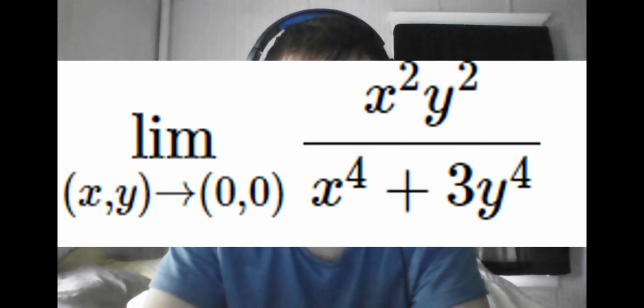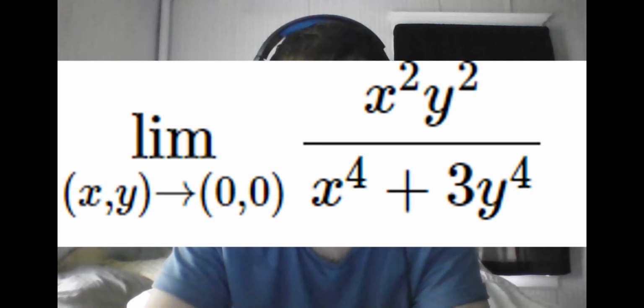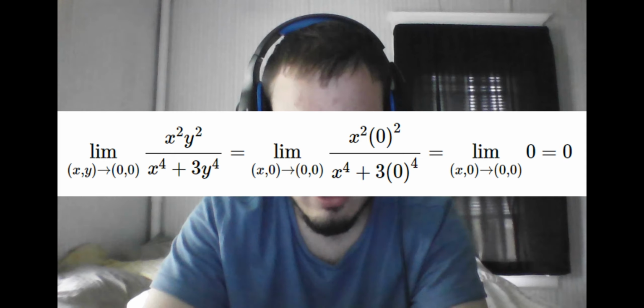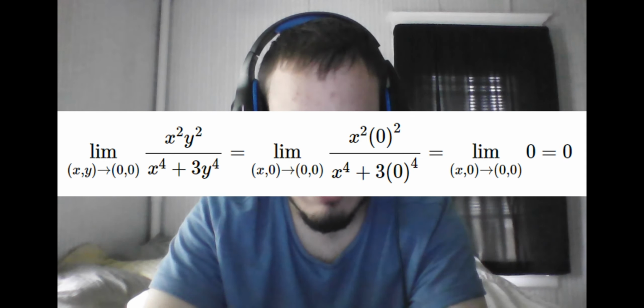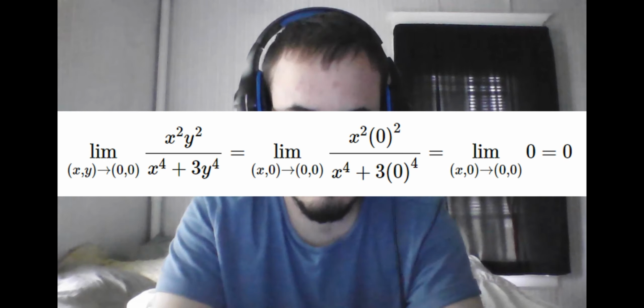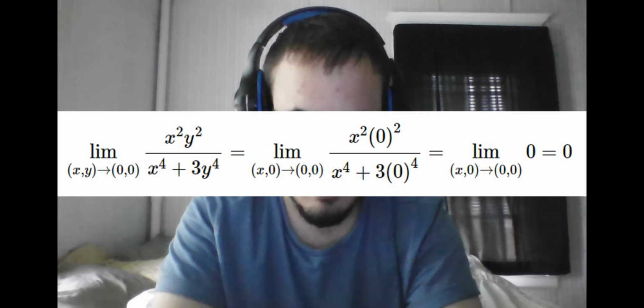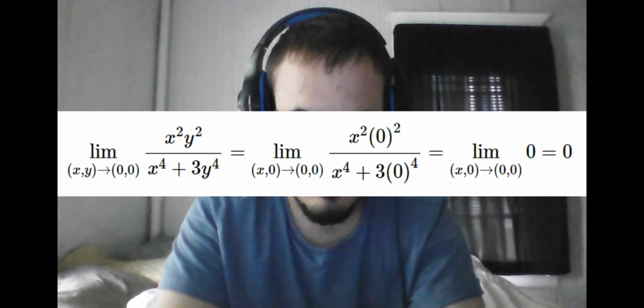So the trick here is to take approaches along different lines and see if these lines agree or not, and stop as soon as one line gives us a different value. So we first approach along the line y equals 0, so we plug 0 in for the y's in the function. We get 0 over x to the 4th power plus 0 is 0, the limit of 0 is always 0.